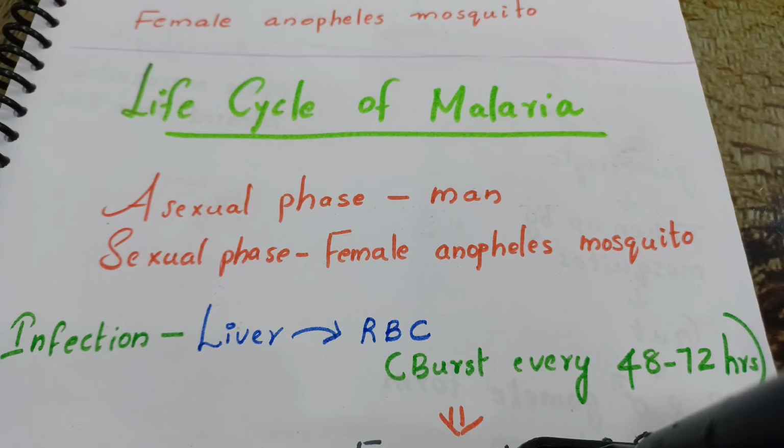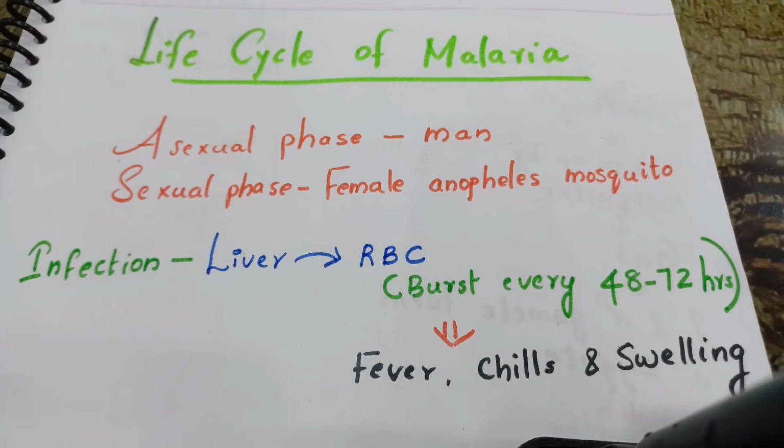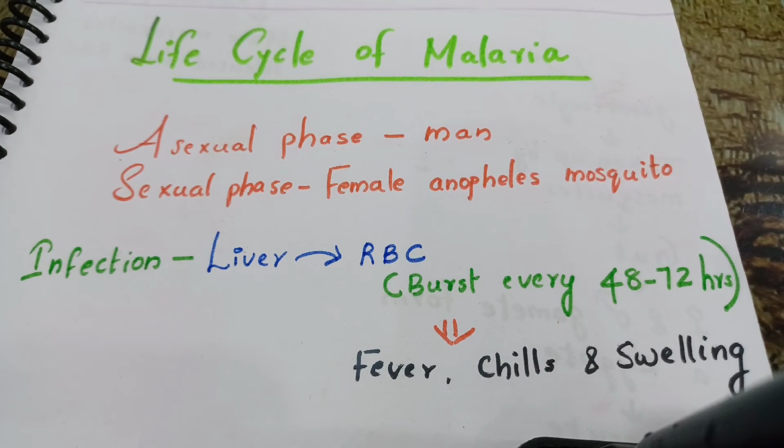Then it invades the RBC. There they grow, and these RBCs burst every 48 to 72 hours. As a result of this, fever, chills, and swelling occur at the time of burst.